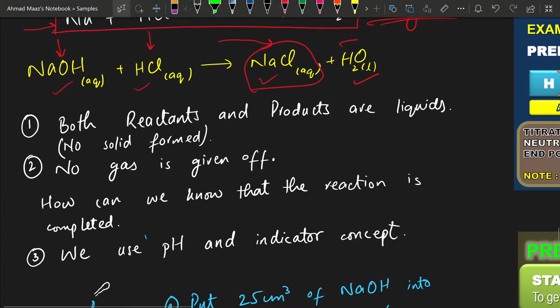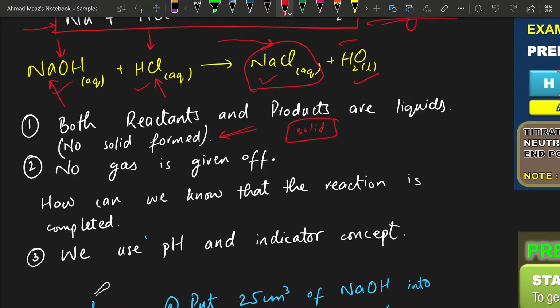What are the steps for the preparation? Let's see. Number one, both reactants and products are liquid. HCl is a liquid and sodium hydroxide is a liquid. We saw this case in ionic precipitation first, when both the starting materials were liquids, but no solid is formed in this case. In ionic precipitation, the product was solid.